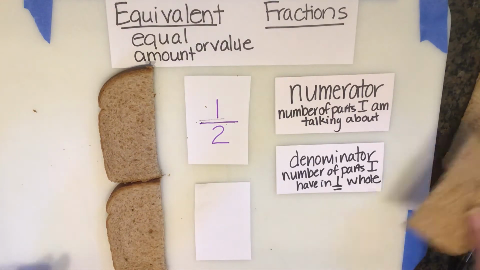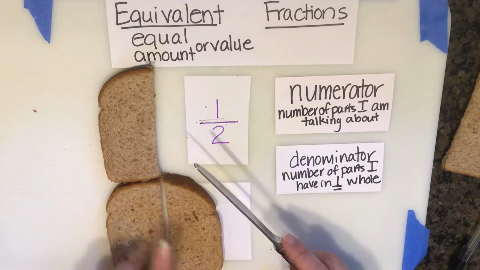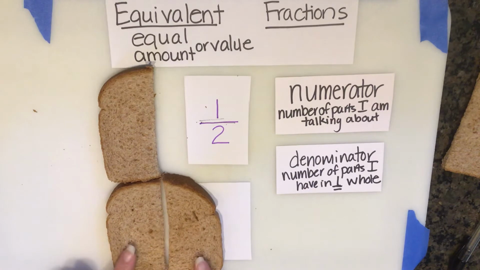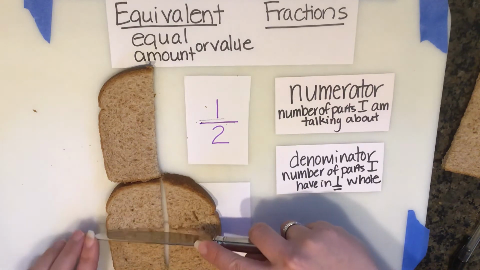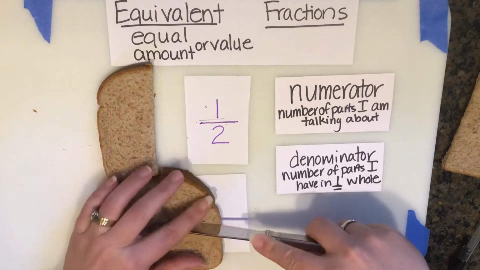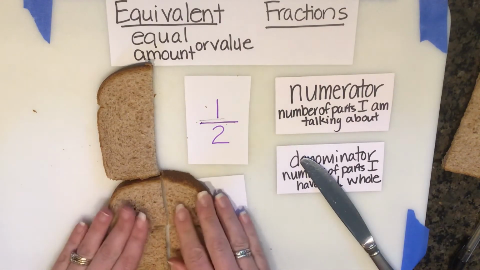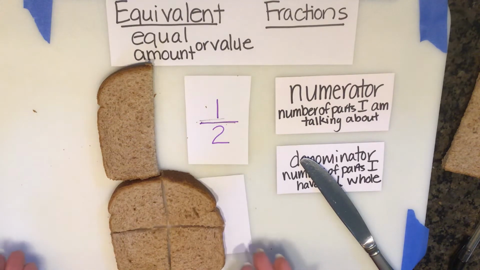This one, I'm going to change it, and instead of having the whole cut into 2 pieces, I'm going to have the whole cut into 4 pieces. Okay, so I took my whole and I cut it into pretty much 4 equal pieces.